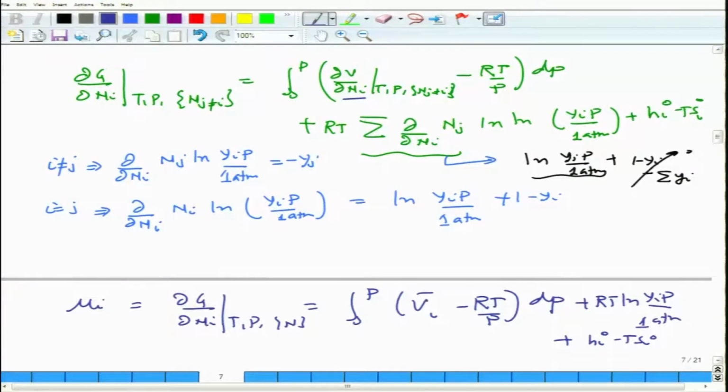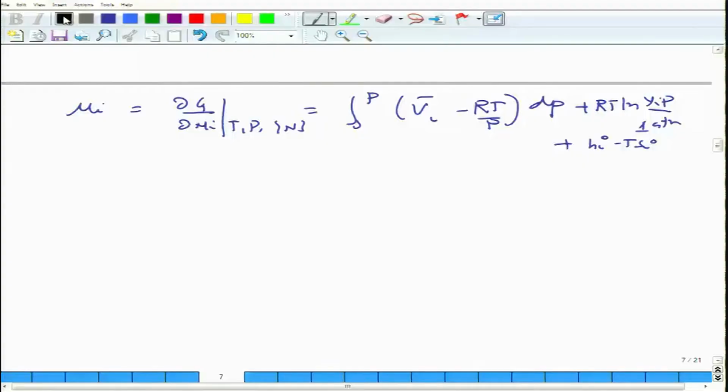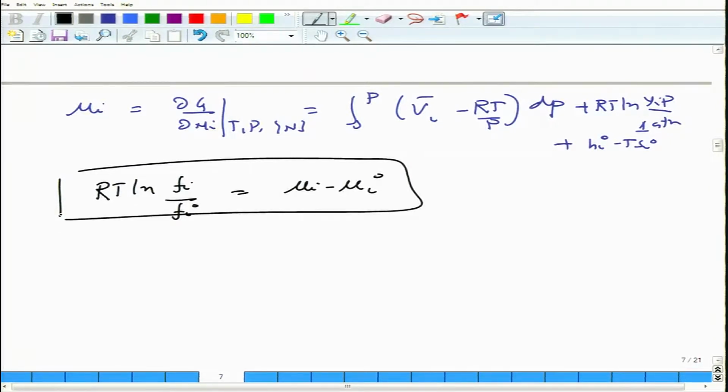Now, the last leg of this derivation is to connect this expression to the fugacity. So, let us do that. From the fugacity definition we have RT ln fi by fi0. Now, suppose the standard state which we are using here is a standard state chemical potential, so we consider this as ideal gas of pure i at T and P equal to 1 atmosphere.